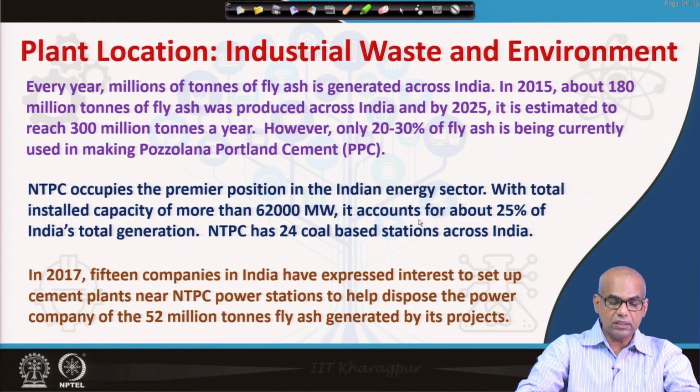In 2017, 15 companies in India have expressed interest to set up cement plants near NTPC power stations to help dispose the power company of the 52 million tons fly ash generated by its projects. So, the cement companies will be benefited by the fly ash and it will be environment friendly project.